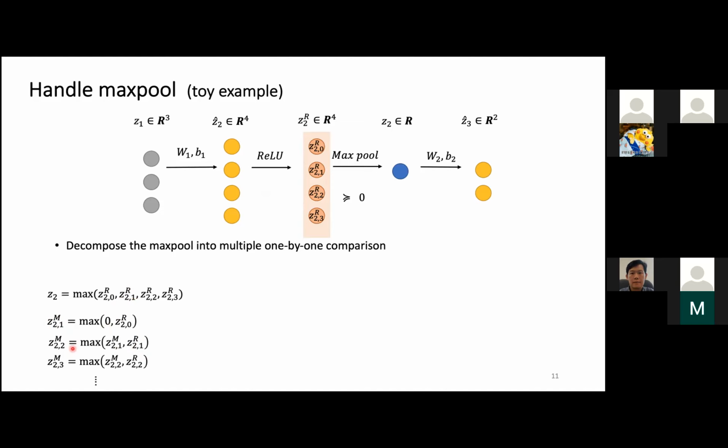So here we repeat this operation, then finally we can get the value of L2. So here we can find this form. It's like the max of A and B. So max of A and B can be rewritten as A plus the max of B minus A compared with 0.